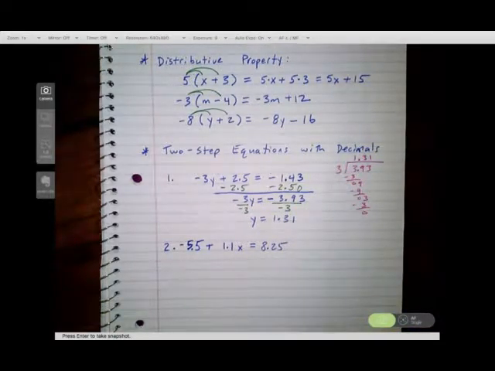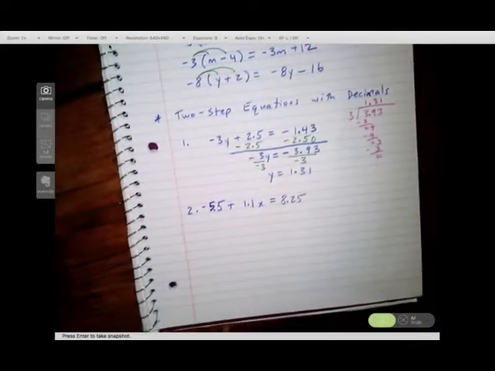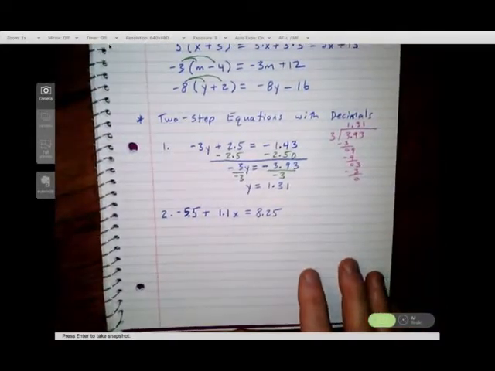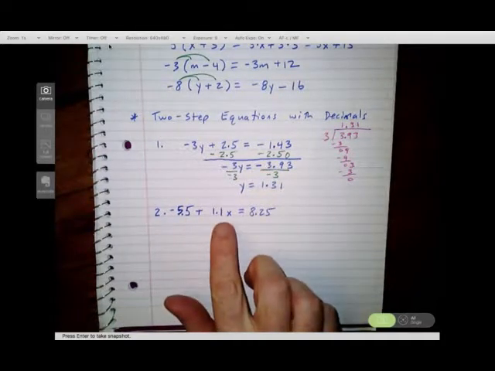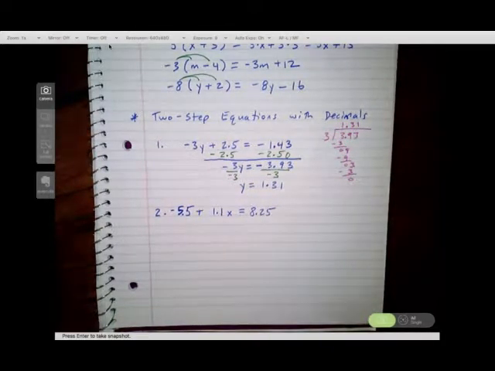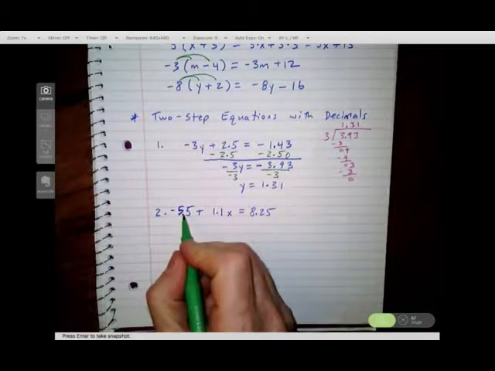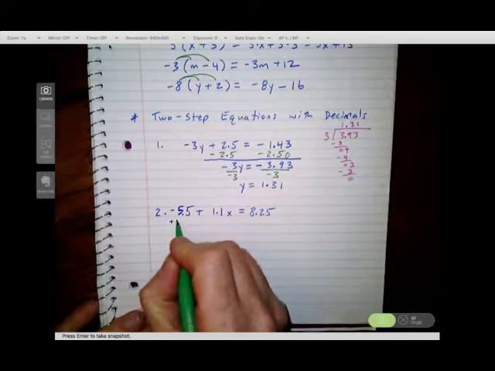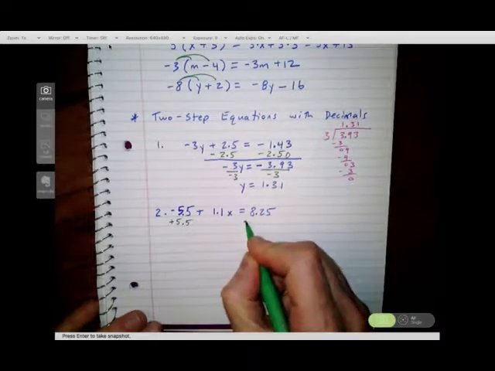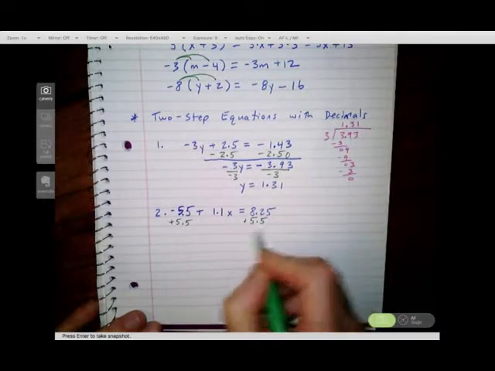Okay, here's another one here. A little messy, sorry about that, but that is negative 5.5 plus 1.1x equals 8.25. To clear out this negative 5.5, we're going to add 5.5 to both sides of the equal sign.